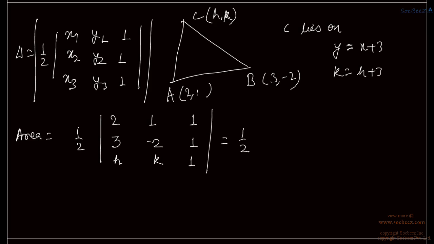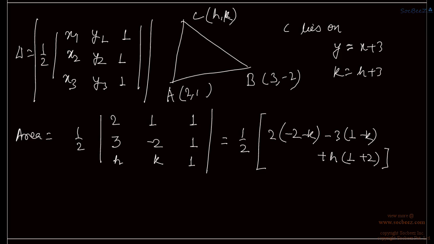So evaluating this determinant, we will be getting 2 times (-2 minus k) minus 3 times (1 minus k) plus h times (1 plus 2), right, which is equal to half of (-4 minus 4k minus 3 plus 3k plus 3h), right?